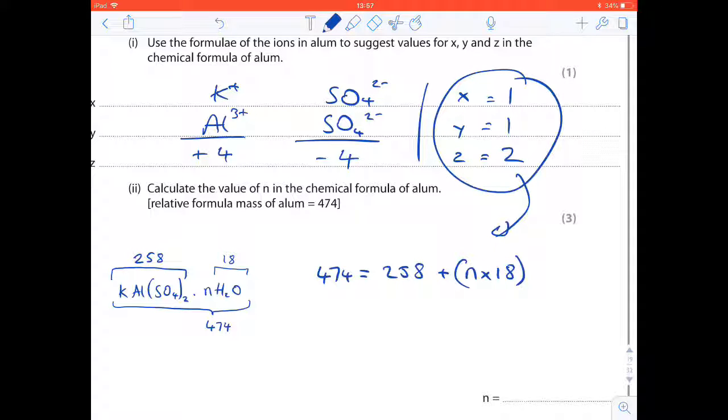And if you solve that for n, you end up with n lots of 18 equals 474 minus 258, which is 216, and then n becomes 216 over 18, which is 12.